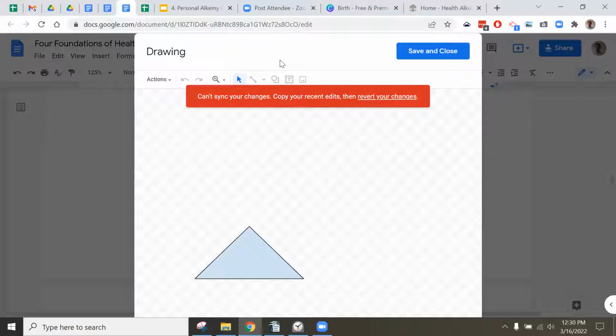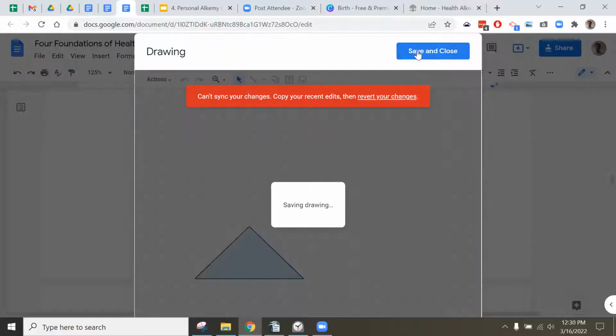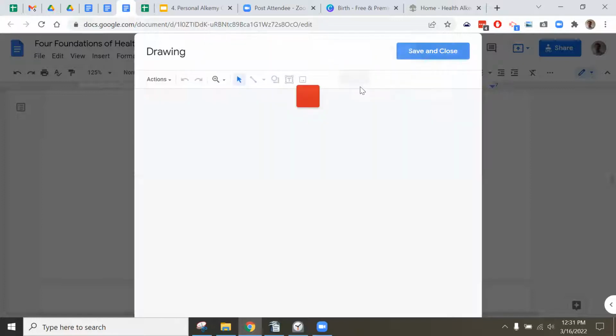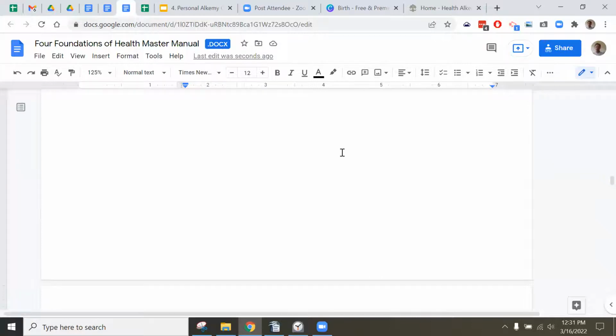Oh God. Okay, it won't let me do it. Well, I can't sync them, but it's saving them. I'll have to go to a whiteboard real quick. I'll save the whiteboard. I think the program just gets pissy.